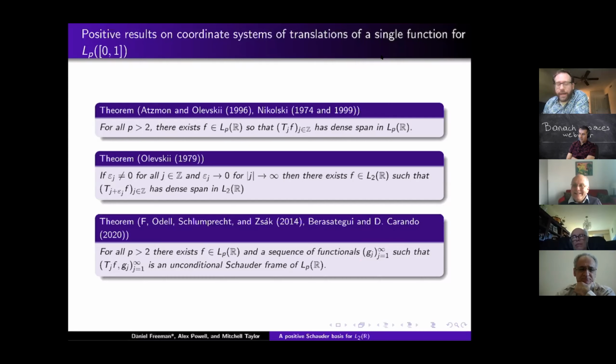So the G_j's are not at all translations of a single function. I kind of feel that you can either impose structure on the vectors or impose structure on the functionals. I don't know if it's possible to get the G_j's also translations of a single function. I think that would be extremely difficult.